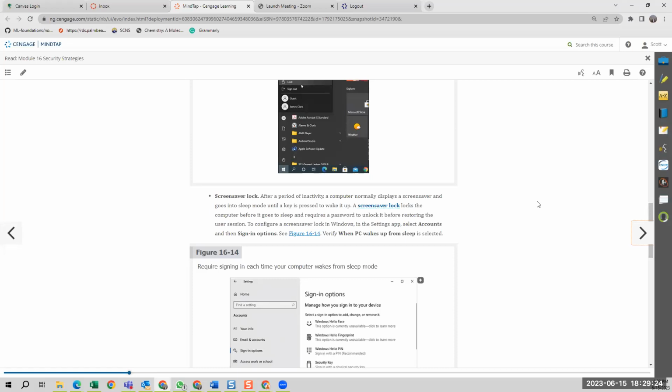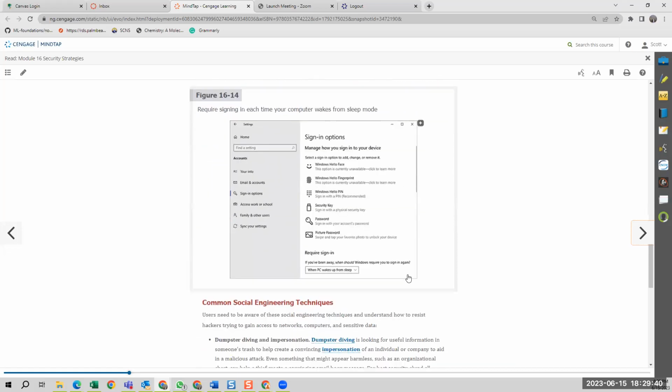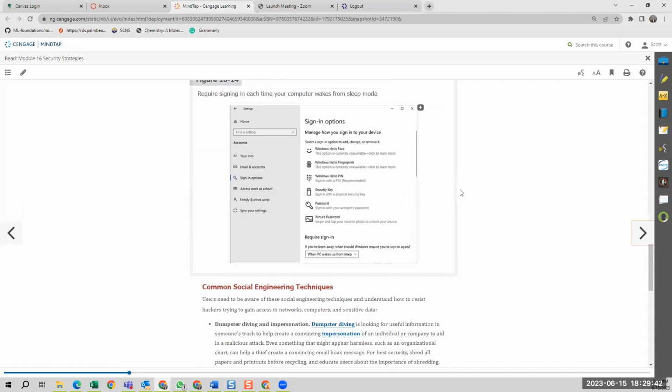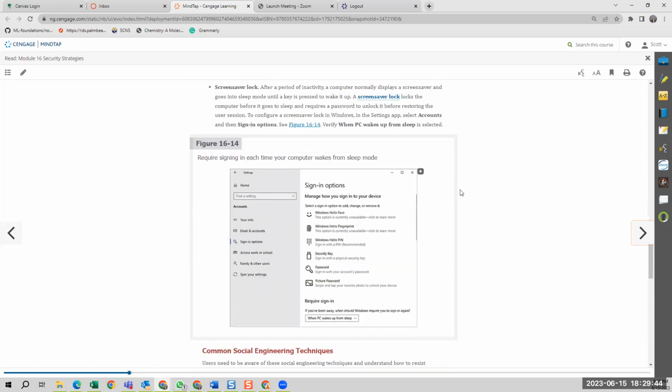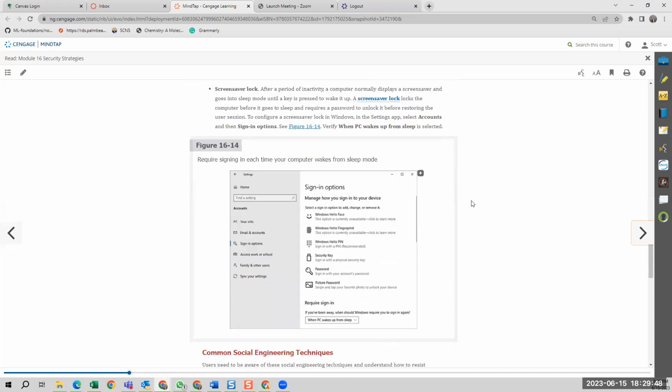You set it too long, then it's not as effective as it really needs to be.